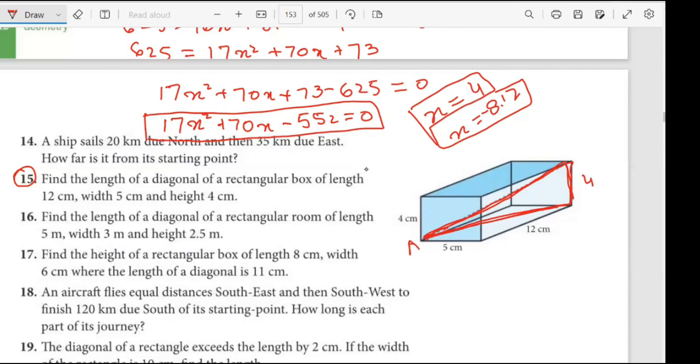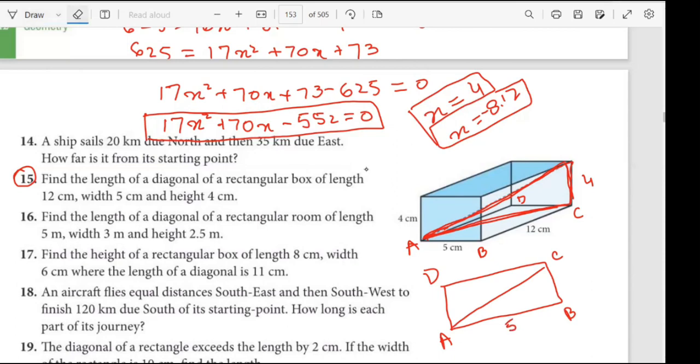I call it A, B, C, and the back side one is D. So we have to find this length AC. I draw this triangle A, B, C, and D. The AB length is 5, although I made it the larger one, it is the smaller one.